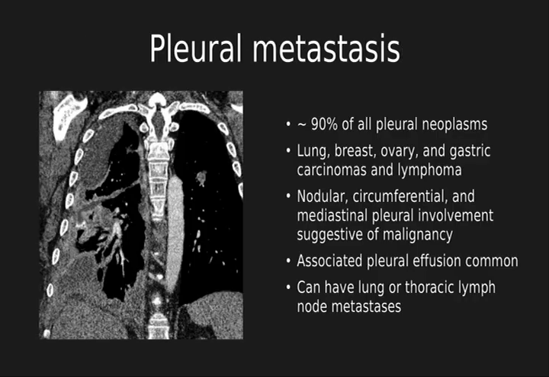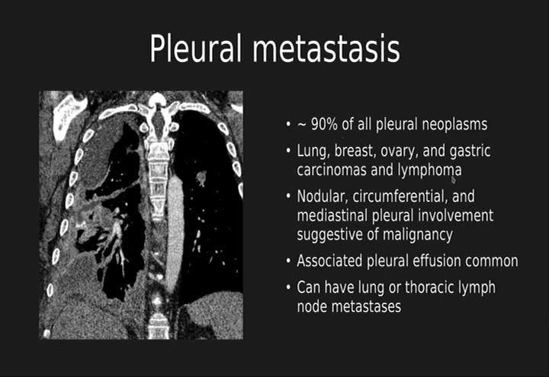Another important diagnosis is the pleural metastasis. This is more than 90% of all pleural neoplasms. The primary locations of the neoplasms are lung, breast, ovary, and gastric carcinomas. But also, it is important, the lymphoma.